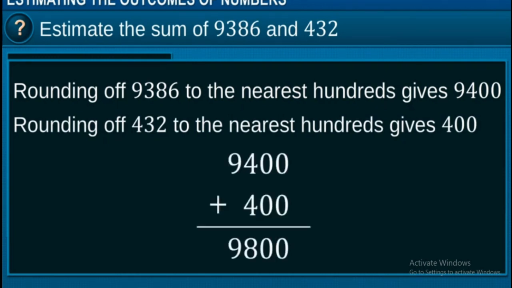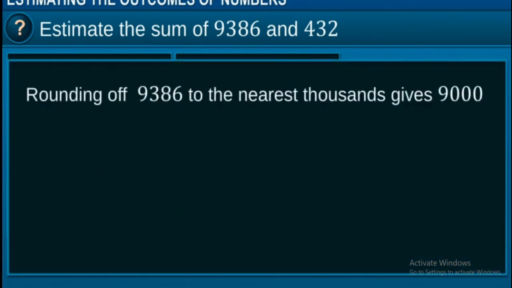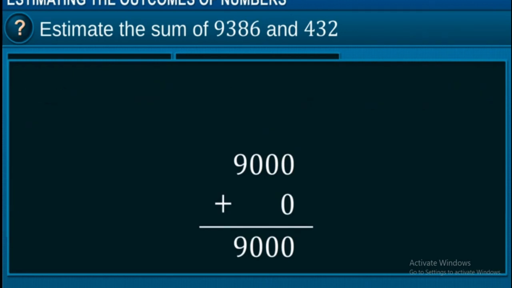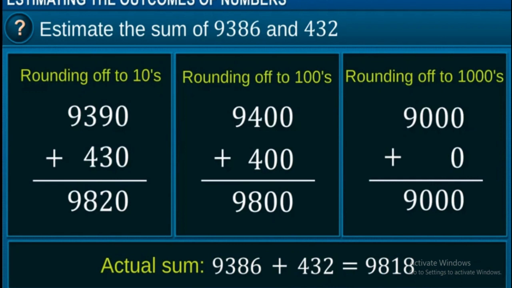On adding the rounded off numbers, we get the sum as 9,800. Similarly, on rounding them off to the nearest thousands, we get 9,000 and 0. The sum of their estimate is 9,000. The actual sum is 9,818. Thus we can see that rounding off to tens gives the closest estimate here.